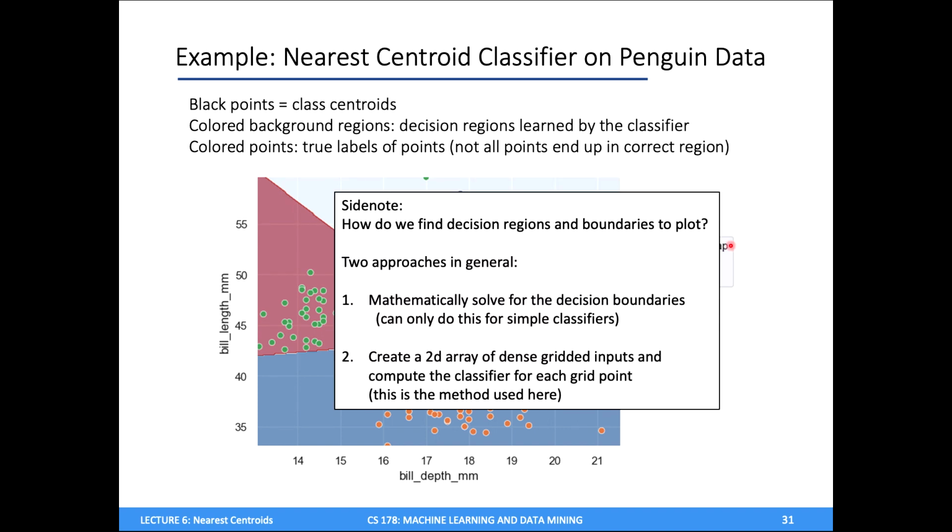A bit of a side note on how we actually plot these decision regions and decision boundaries. There are 2 approaches to creating plots like this. The first is, if you have a really simple classifier like the nearest centroids, you can often mathematically solve for the equations of the decision boundaries.